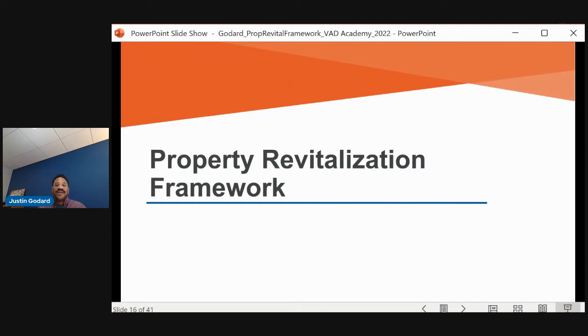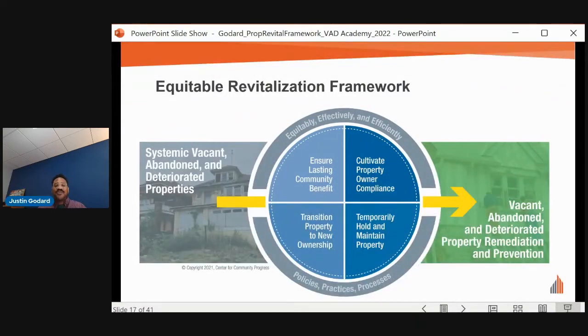So here at Community Progress, what we advocate for is an approach to addressing bad properties which interrupts the cycle of vacancy through tactics which utilize carrots and sticks, and with an eye towards equitable decisions and outcomes. A comprehensive approach to addressing bad properties considers all the interventions needed to remove root causes and focuses on contributing to healthy and safe communities.